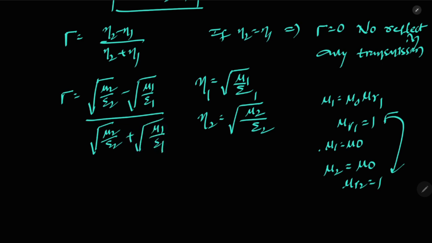Like this you can write. Further, you can simplify this by taking mu r1 is 1 and mu r2 is 1. Finally, you will get the expression only in terms of these permittivities. Okay, thank you.